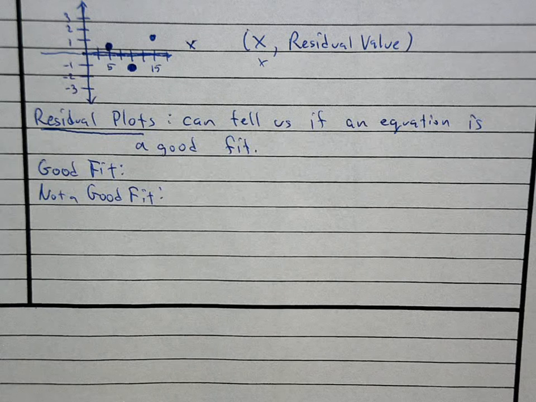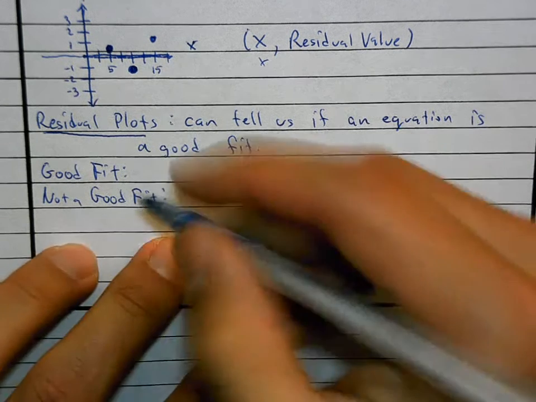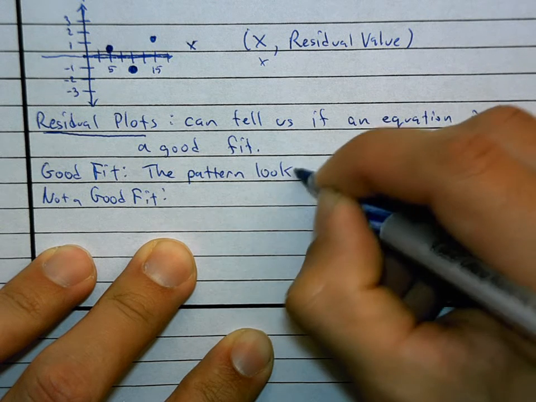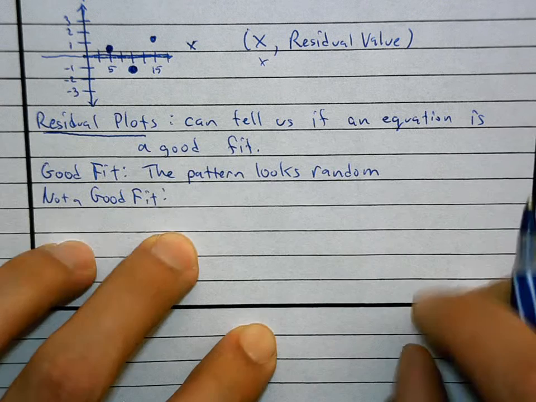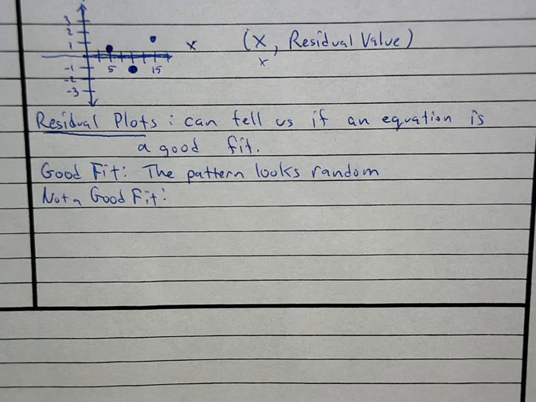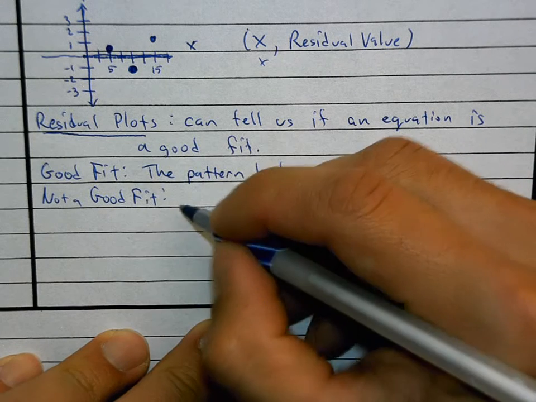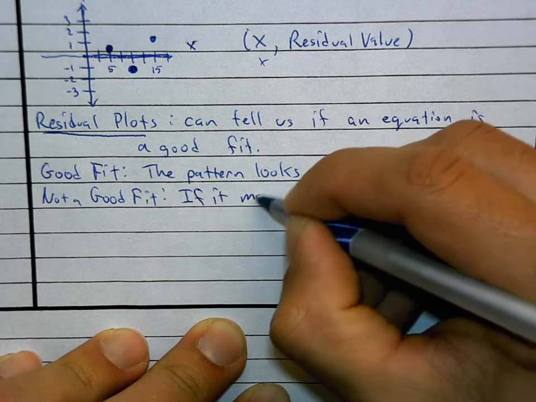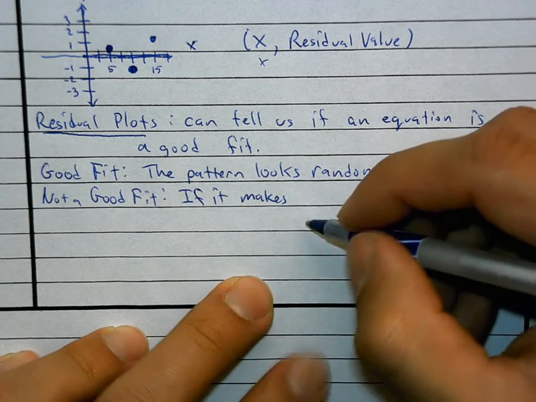It is a good fit when the pattern looks random. Balanced. Those are the words that I kind of think of when I think about it being a good fit. It is not a good fit if it makes a shape.